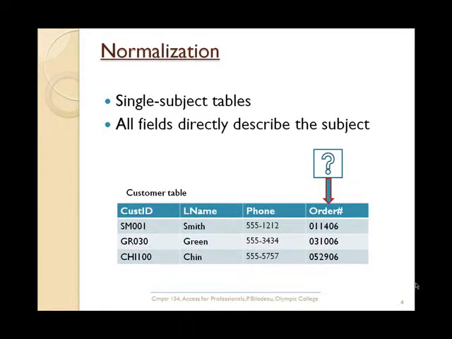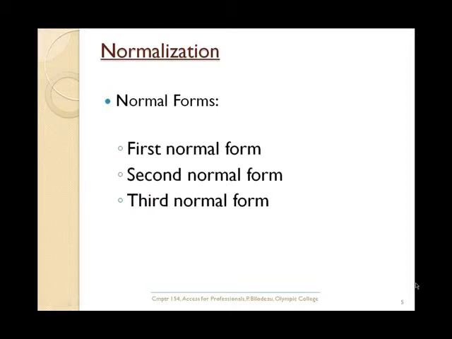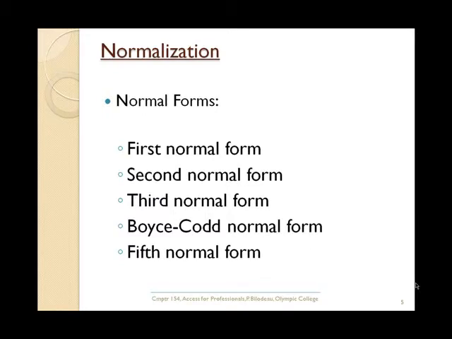The normalization process is broken down into several levels known as normal forms. The first three levels are known as first, second, and third normal forms. The fourth level is called Boyce-Codd normal form, then fifth normal form follows it. You see this depicted as 1NF, 2NF, 3NF, BCNF, and 5NF.